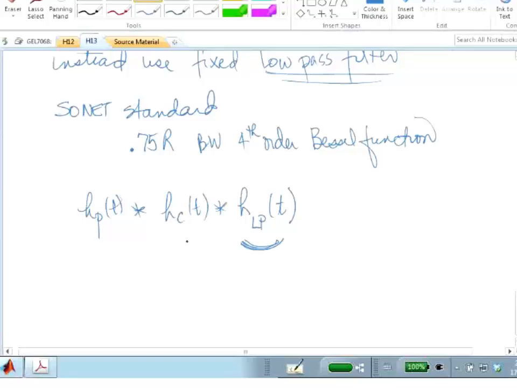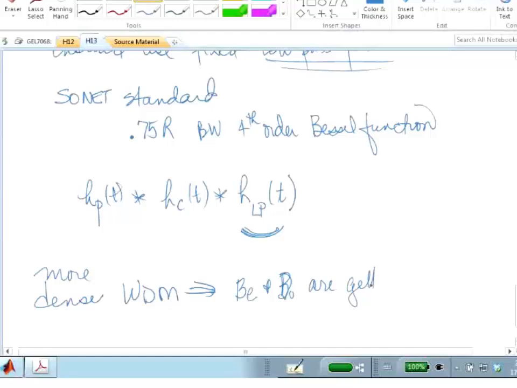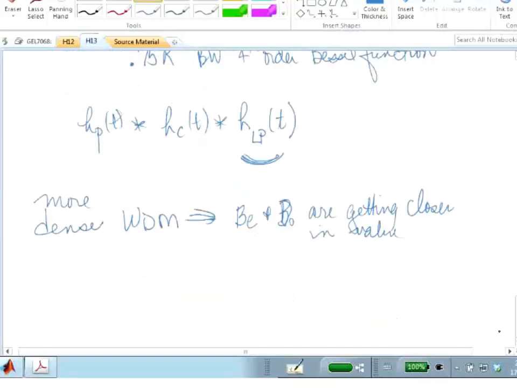But in new systems where we suddenly want to be more spectrally efficient, and in the paper they talk about trying to become more dense WDM, the electrical bandwidth and the optical bandwidth are getting closer in value, which has an impact on what might be the best strategy for that low-pass filter.